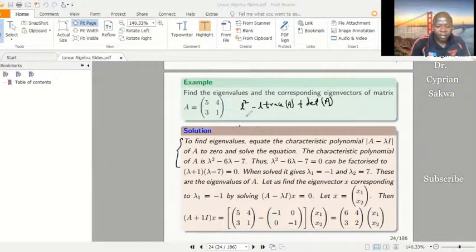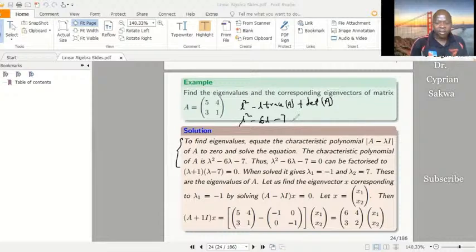So it will be lambda square minus the trace of A, which is 5 plus 1, which is 6 lambda, and then the determinant of this matrix is 5 minus 12, which is -7. This is the characteristic polynomial.